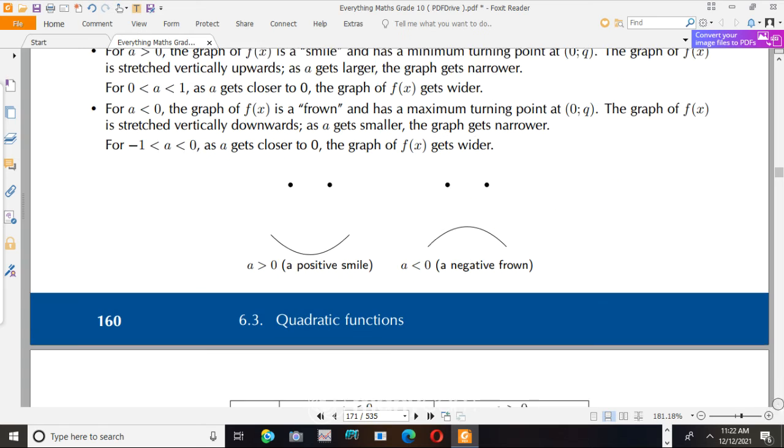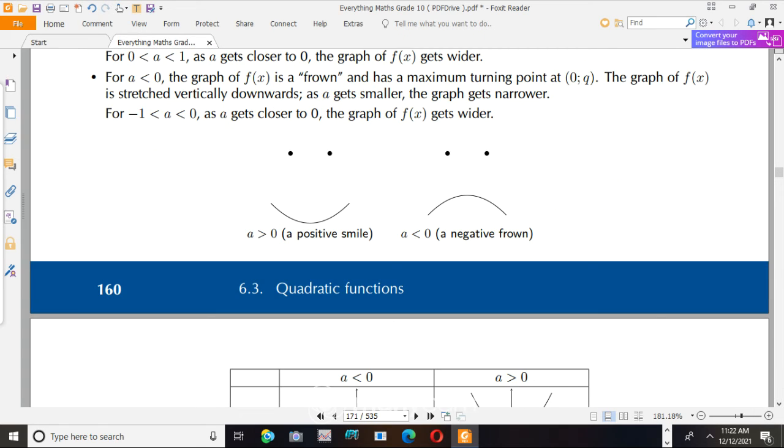Okay, let me show you this one. For A greater than 0, a positive smiley graph, it is upward open. For A less than 0, it is downward, a negative frown. Okay, it's a frown.